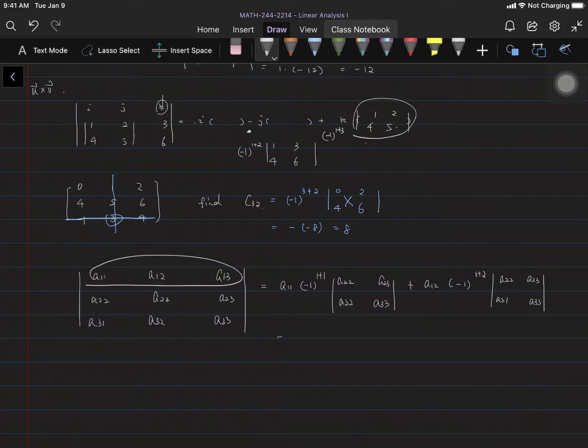And the last term is A13 times negative 1 to the power 1 plus 3, crossing out the first row, third column: A21, A22, A31, A32, something like that.